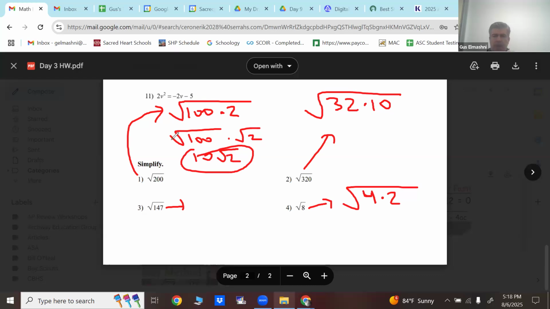So it's just a way of simplifying a radical because you might have to do that in geometry sometimes. Here, I just picked 32 and 10, but I could break it down even further, as 16 and 2.